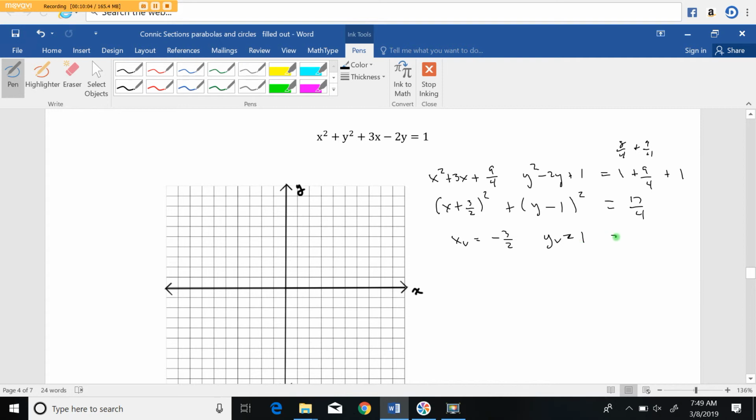The radius, all right, now this is not a nice even square here, so I think what I'll do is just get a decimal for this. Okay, 4.25. What's the square root of that?